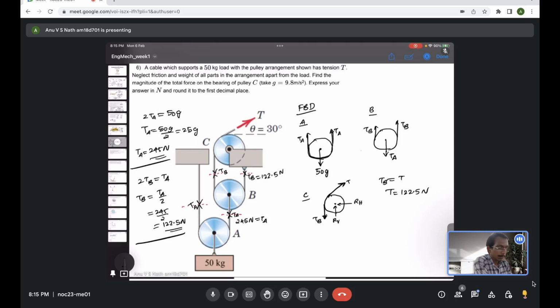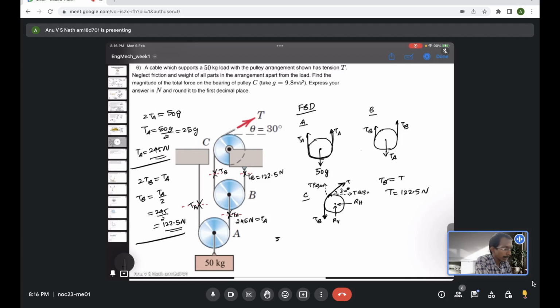Now we can have the equilibrium for the pulley C. The tension T is given as acting at an angle of 30 degrees, so we can resolve this into two components: T cos 30 along the horizontal direction and T sin 30 in the vertical direction.